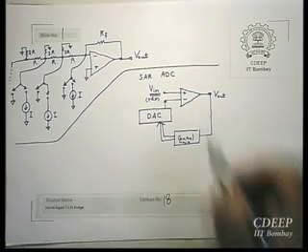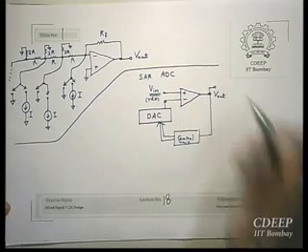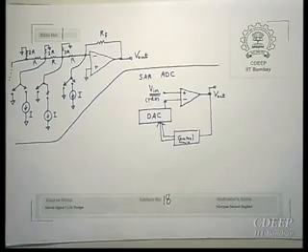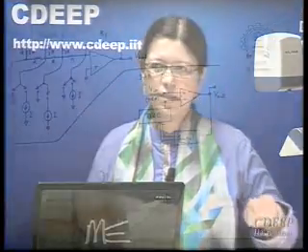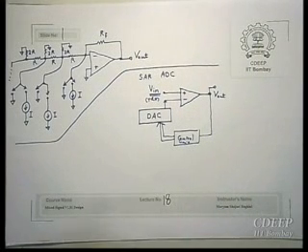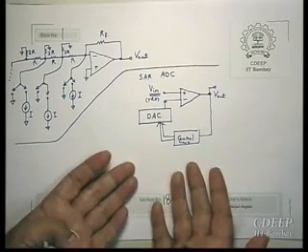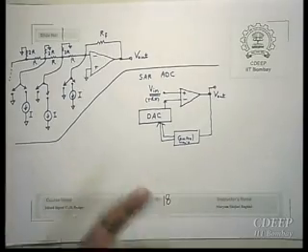The one thing which comes to mind is, if we are using a charge scaling DAC, it already has capacitors. Can I use those capacitors to sample the input signal as well? Then I don't need to put a separate capacitor for track and hold. So we want to make a simplified version, because this one is quite straightforward and there is nothing here to show. There is an alternate version which is usually used, and the main reason is that you don't need an additional track and hold.